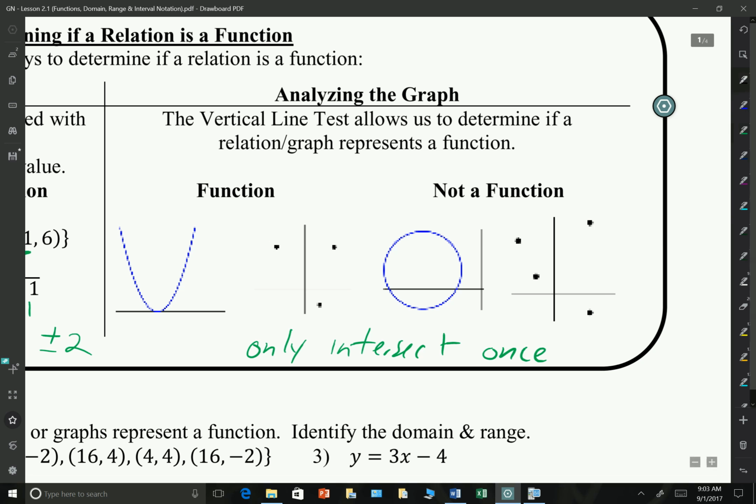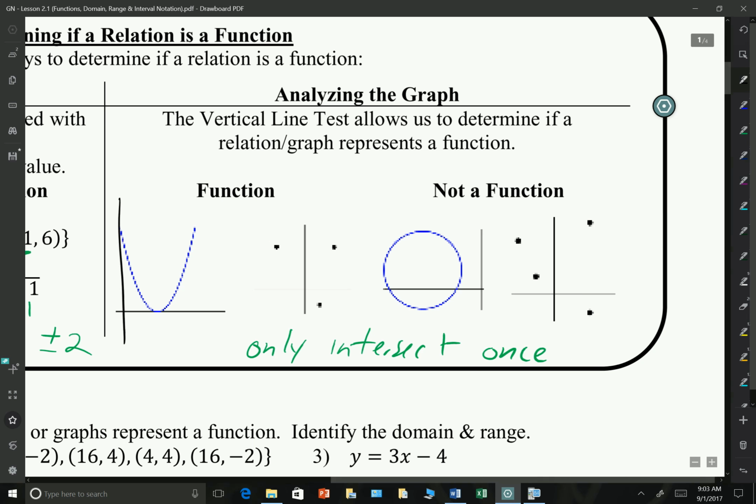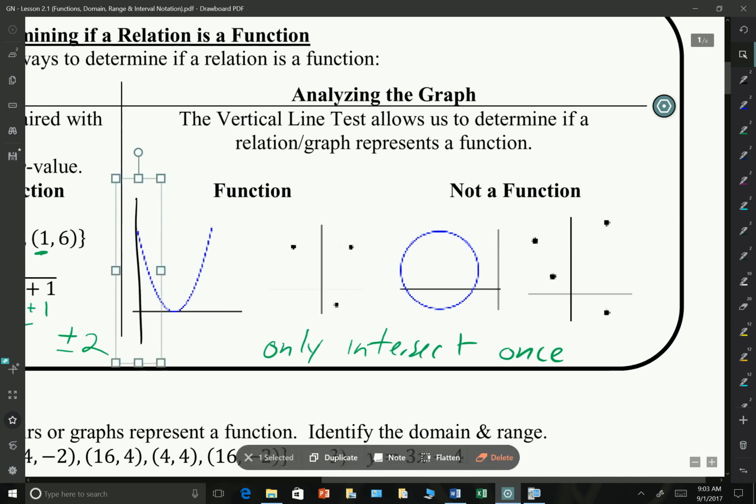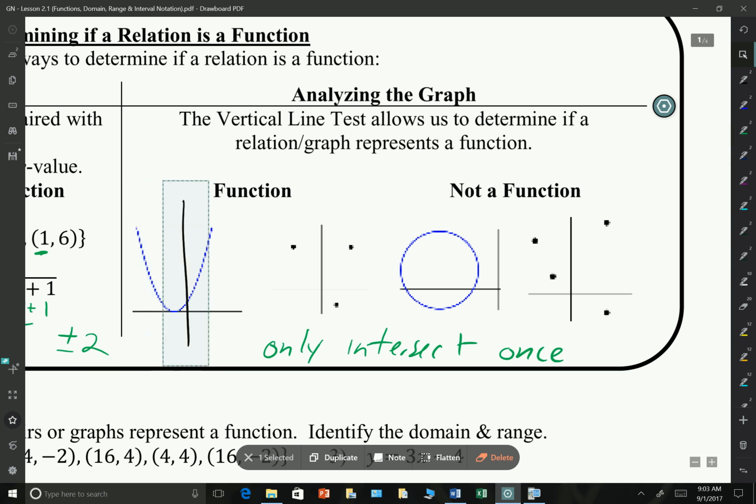So if I were to imagine a vertical line being dragged across the graph, how many times is it going to intersect at the most as it's being dragged? Once. That means one x has one y. There's only one intersection point. Even here, if I drag across, you see it intersects once there, intersects once here, intersects once here. That's a function because there's only one point.